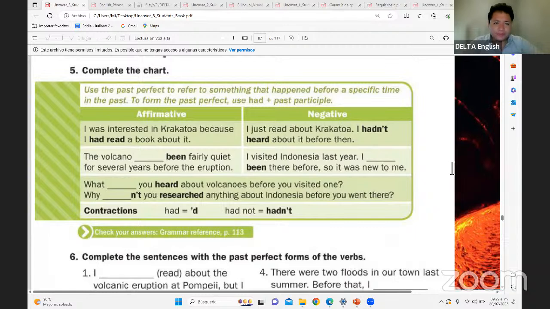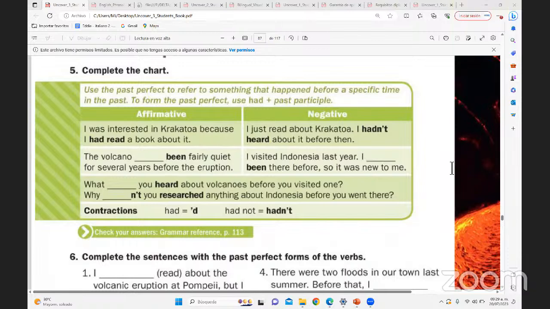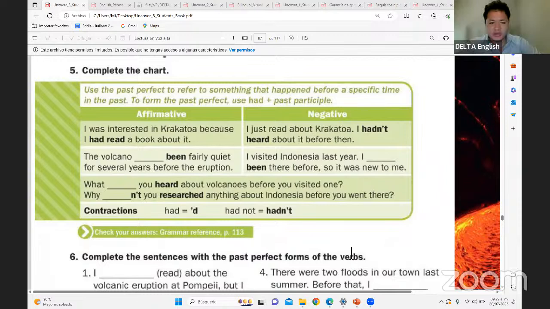Okay. Maybe Nubia again, you can help us, please. The volcano. Yes, teacher. The volcano had been very quiet for several years before the eruption. Okay. So the volcano had been.